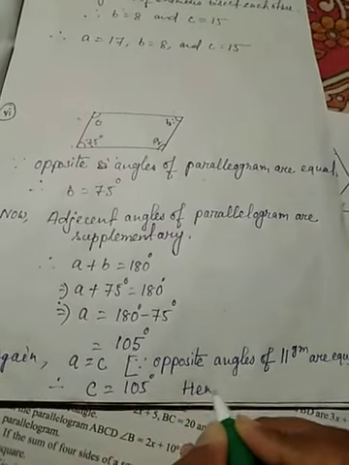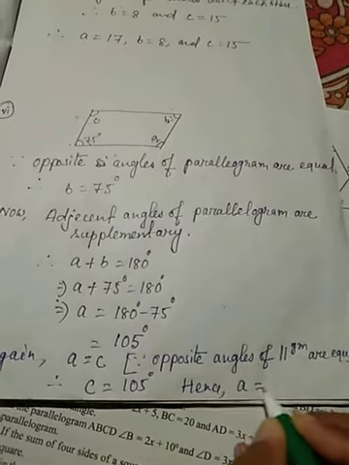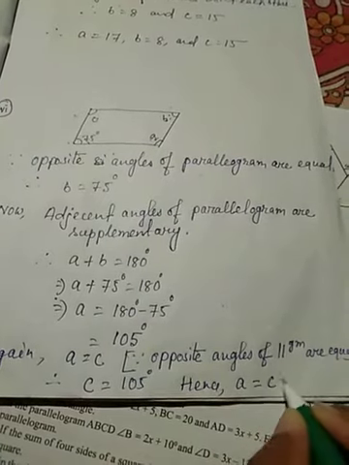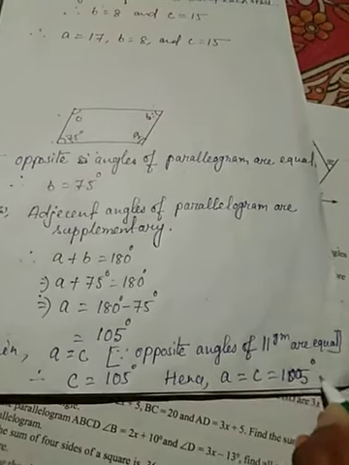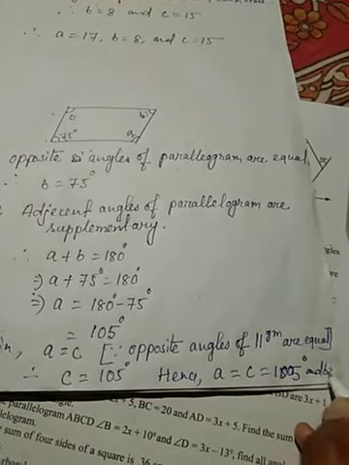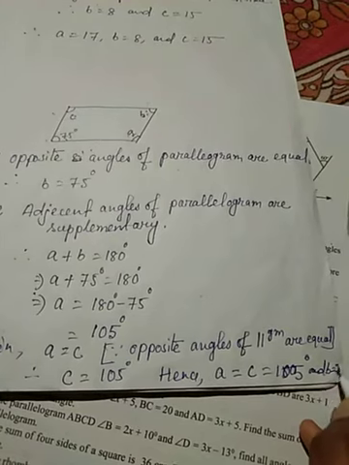Hence all the angles: a equal to c equal to 105 degree, and b equal to 75 degree.